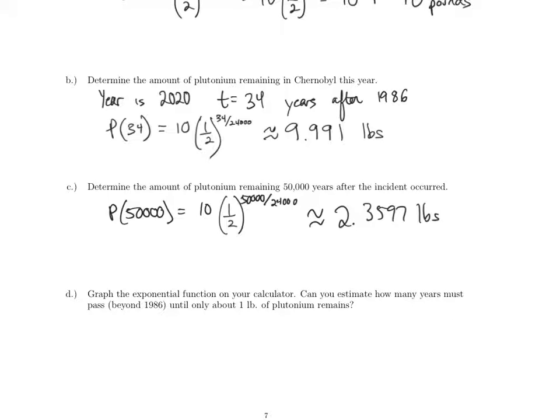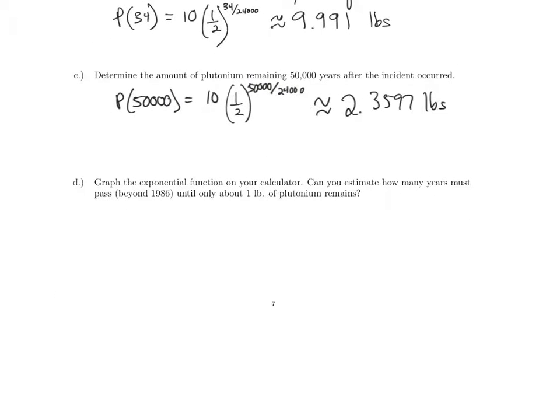Now, if you graph this on your calculator and you want to estimate how many years must pass until only about 1 pound of plutonium remains, then I'm going to have some guidelines on here of like a helpful window, and then I'm just going to switch over to a different video for you to see what this looks like.